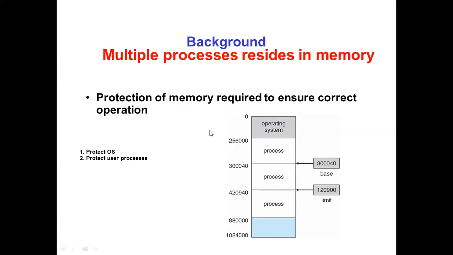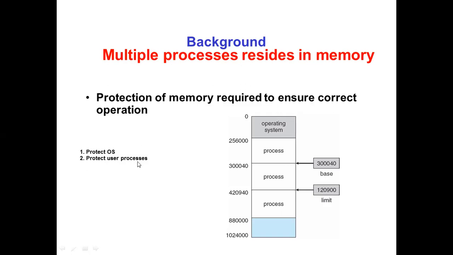So how are we going to provide the protection of memory required to ensure correct operation? Here there are several processes running, and this is the base address, and this is the register. Here again it has some location or address.